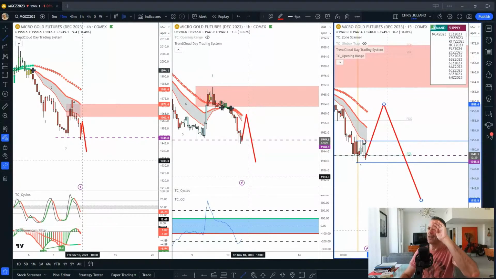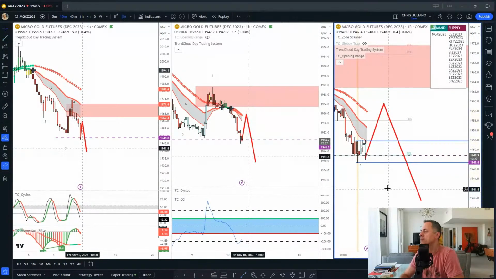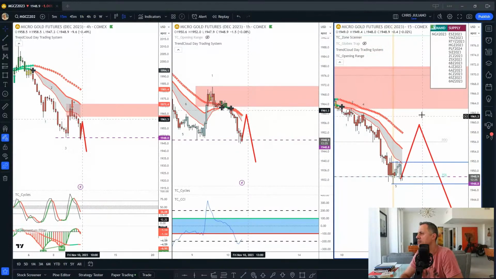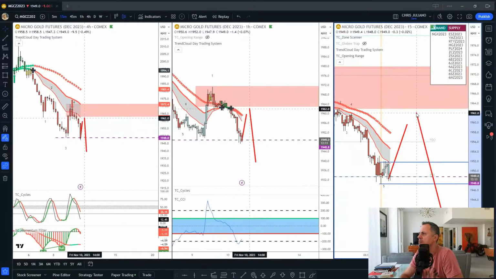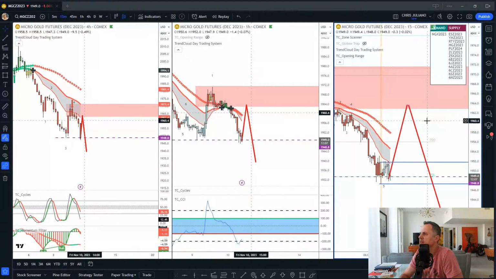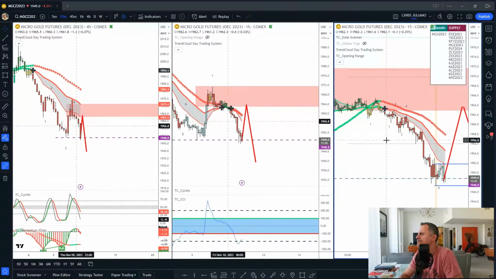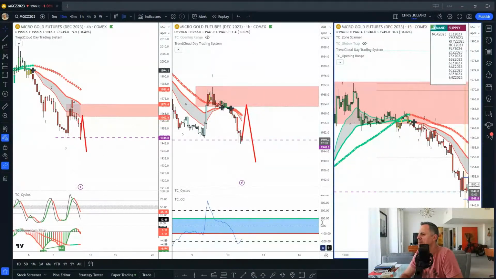All right, I'm going to leave that on there to remind us. And maybe it wants to pull back into this high time frame trend cloud. Very possible, right? Very possible it wants to do that. Okay, and we do have this consolidation here.